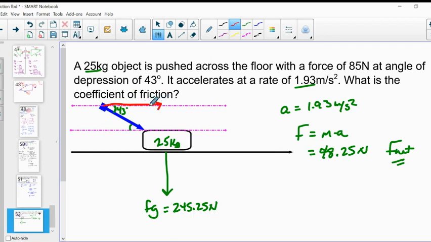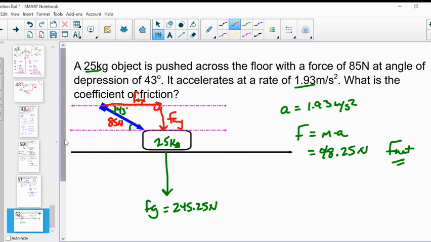This is my FA in the X direction, and I have this, which is my FA in my Y direction. And I know that this force vector here is 85 newtons. I have a right angle here.